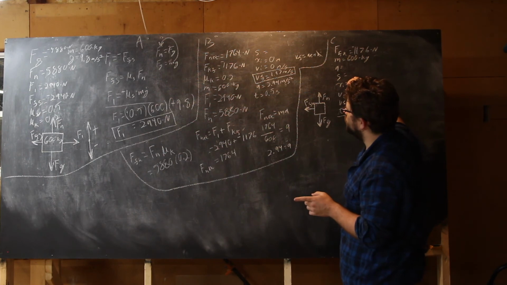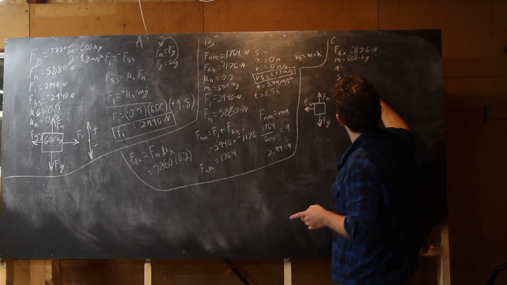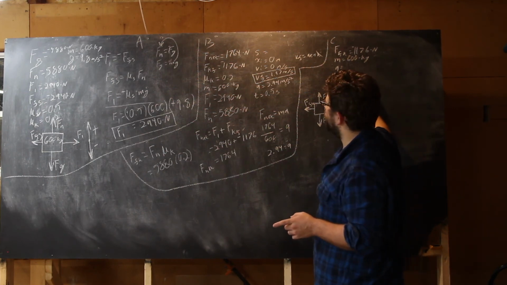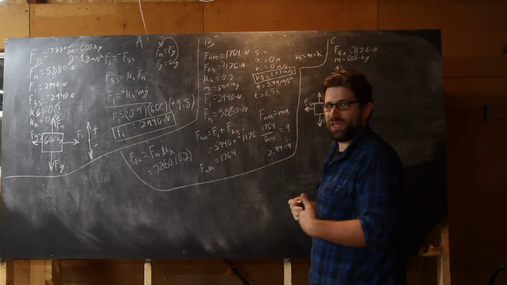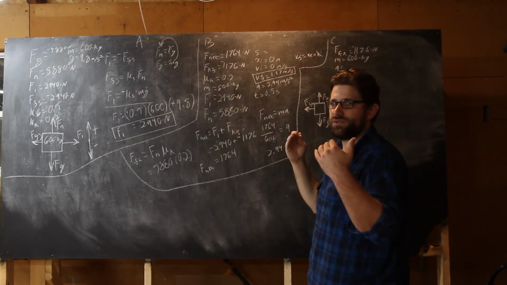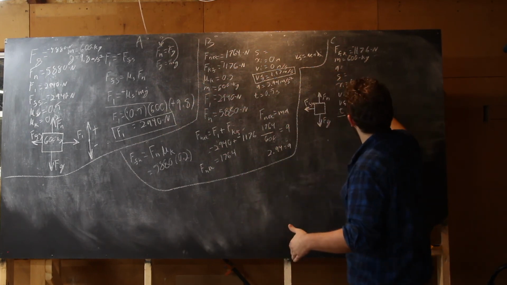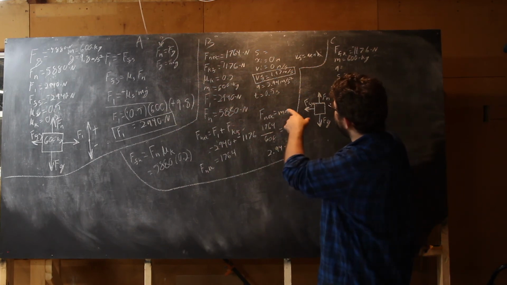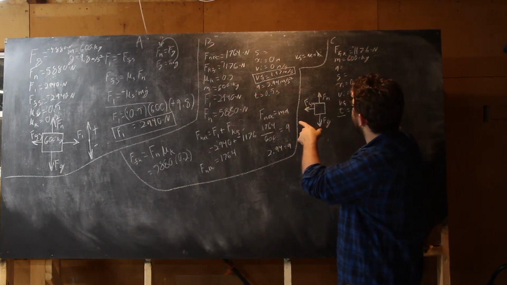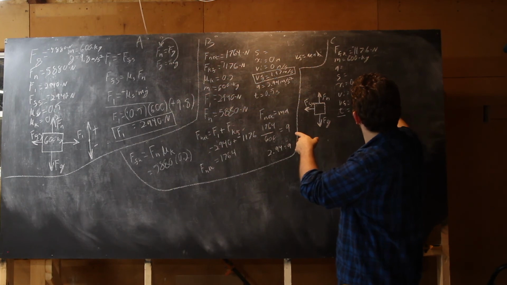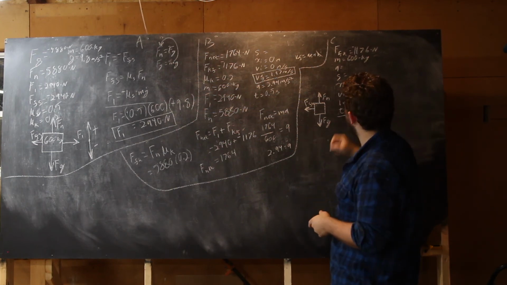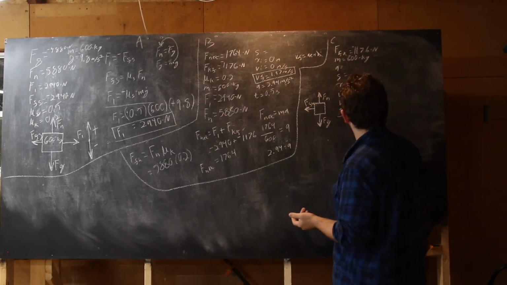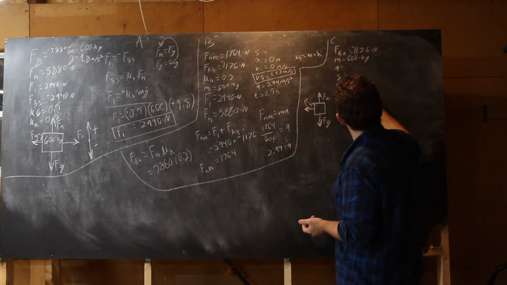Our xi we'll say is 0. We want to know how far it slides after we let it go. So the point where we let it go, that's when it turns 0. Our vi is the final velocity we just calculated, 1.47 meters per second. And our vf is 0, because we're wondering when it comes to a stop.